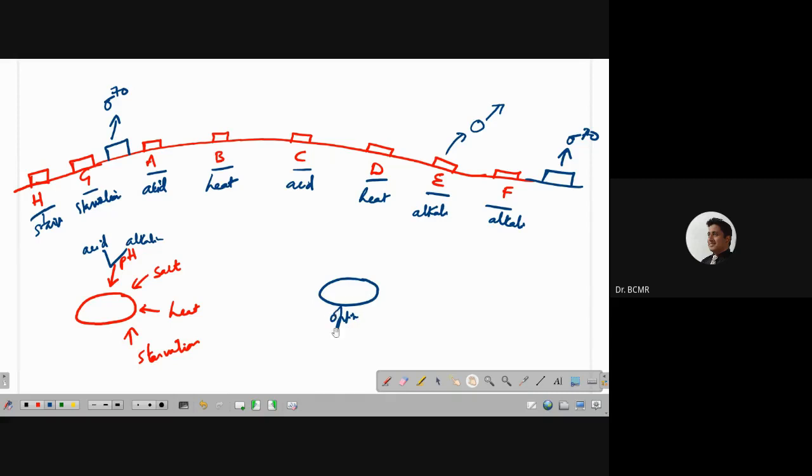But if conditions change, such as high temperature, then you want the expression of gene B and gene D. You do not want the expression of other genes, right?